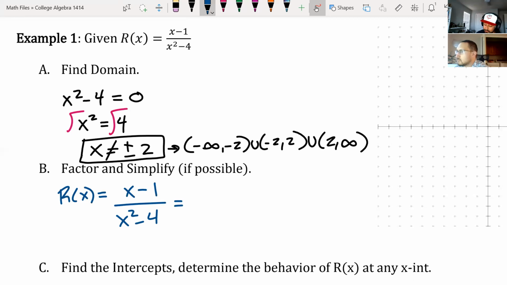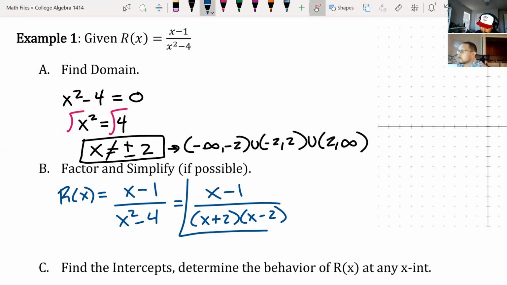What does the denominator factor to? X plus 2, x minus 2. There you go. So we factor and then we see if we can simplify. But when I say simplify, I mean, can we cancel any terms out? And here, nothing cancels out, right? But we could factor the denominator.